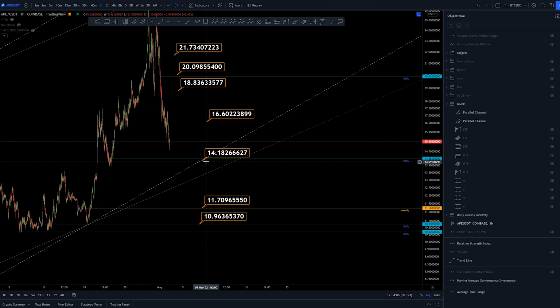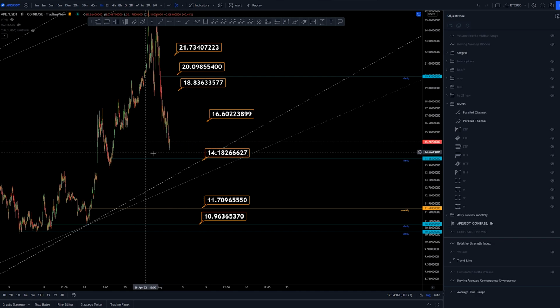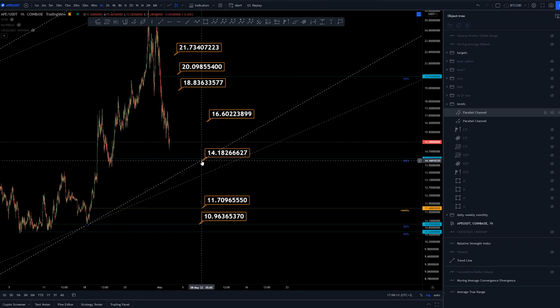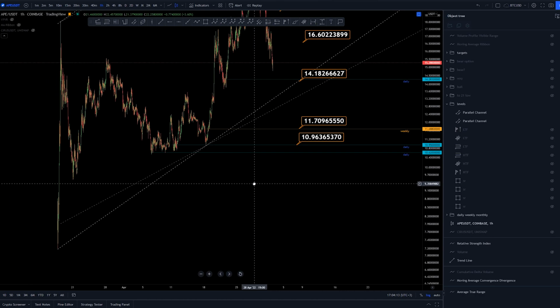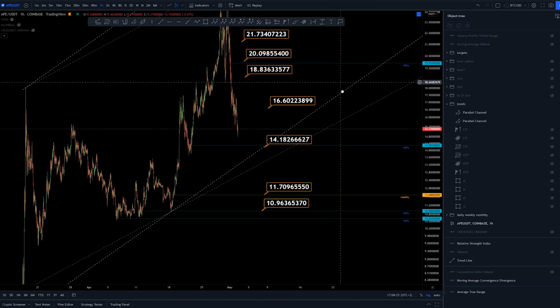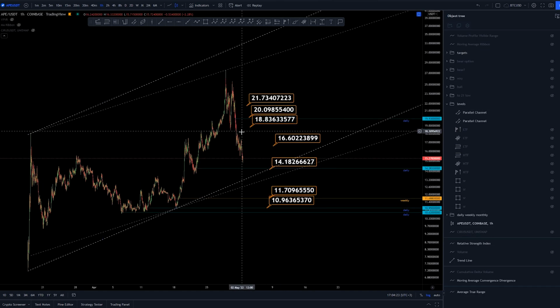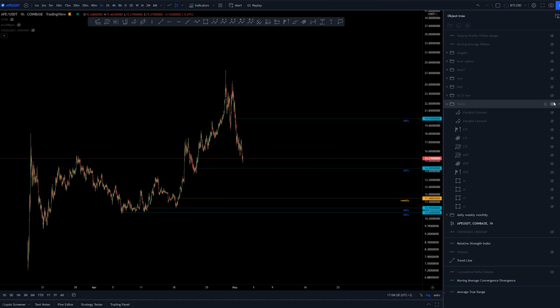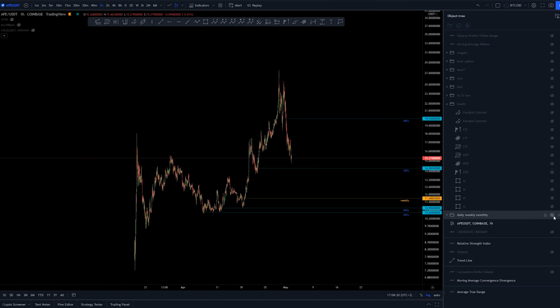If the price is consolidating here a bit and coming down to the daily with this parallel channel, we could be looking for some kind of move from here on. But again, we still have lower time frame setups that we are looking into with Elliott Wave. So let's close these down.